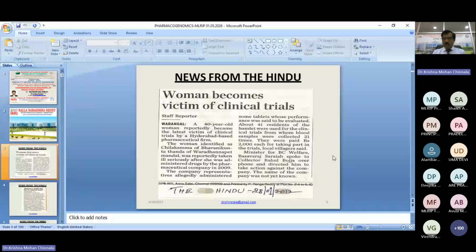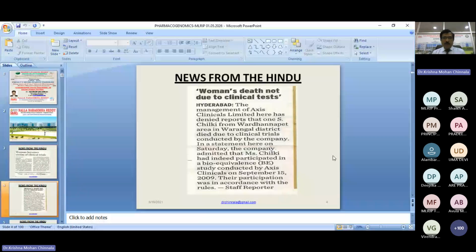Everyone blamed the pharma company, saying they had conducted unethical practices in clinical trials. But the response from Axis Pharma, who conducted these trials, was that the woman's death was not due to clinical tests. So who is correct then?